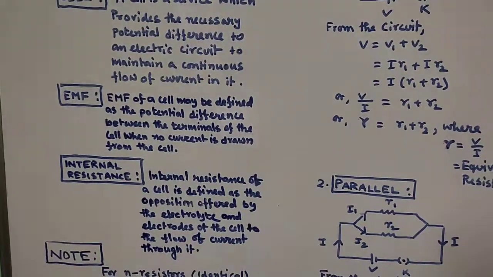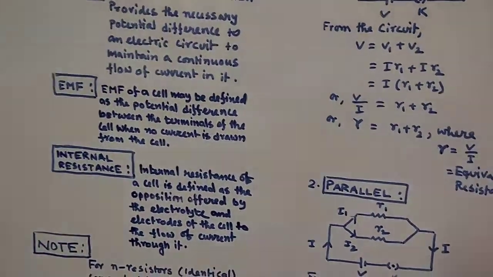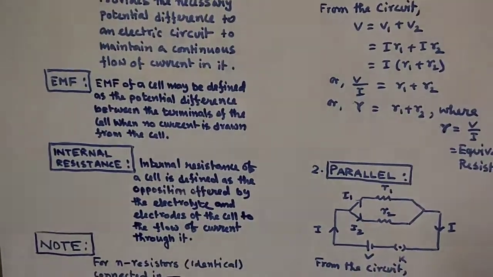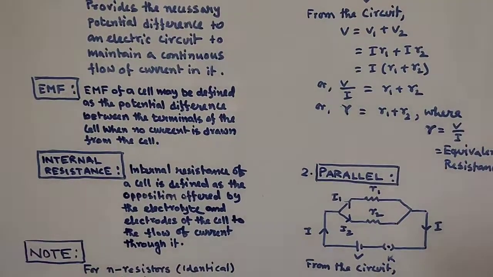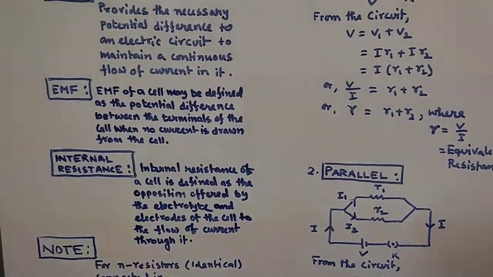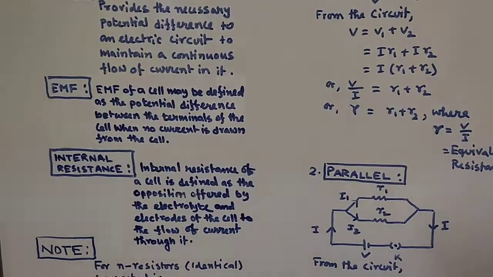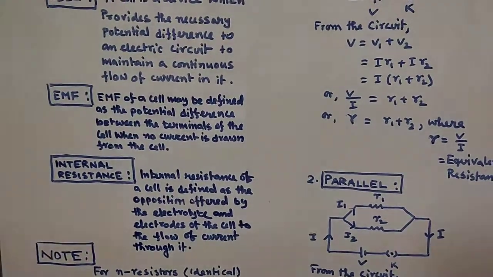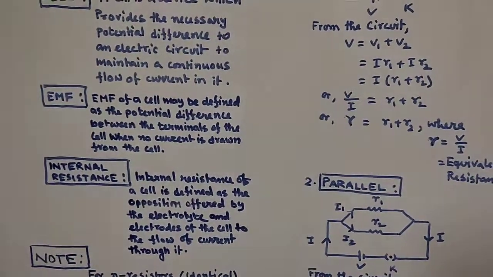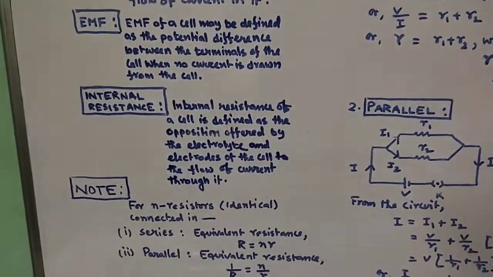So if you consider a cell, what are the things inside the cell? Electrolyte and electrodes. So the opposition offered by the electrolyte and electrodes can be defined as internal resistance, because internal means it is inside the cell. So the opposing force provided by these two components can be defined as the internal resistance of the cell.